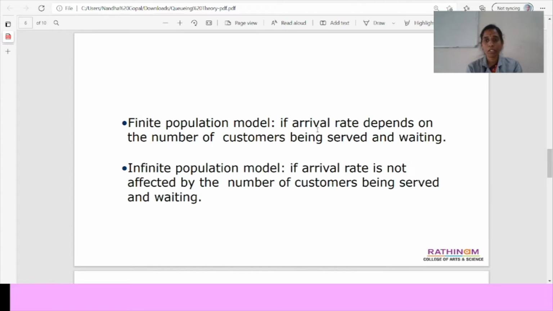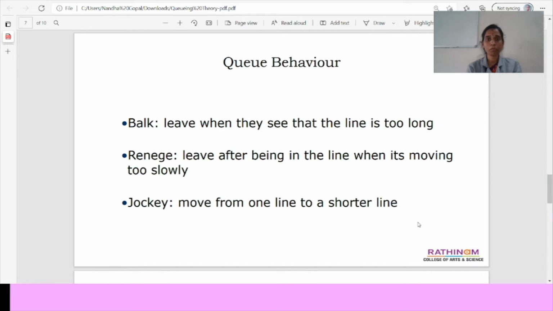If the arrival rate depends on the number of customers both being served and waiting, it is called a finite population. If it does not depend, it is called an infinite population. There are two cases, and both depend only on the arrival rate. And then, what is called queue behavior?